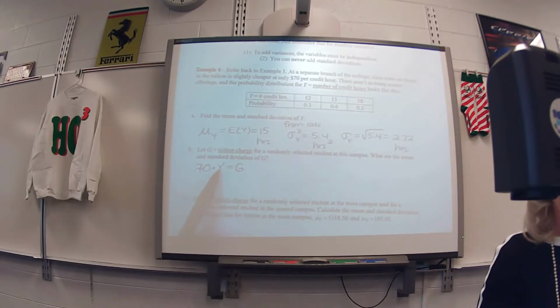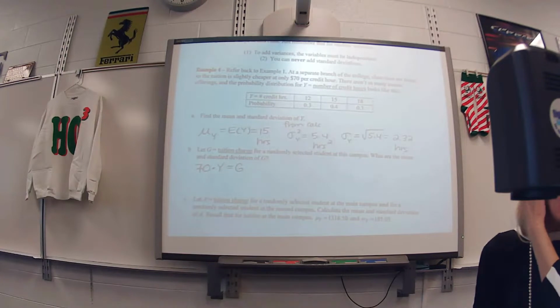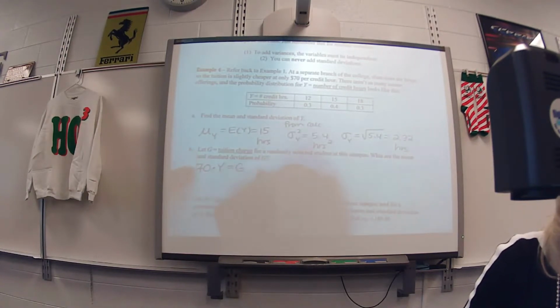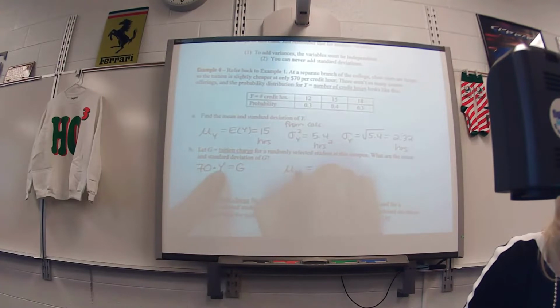We're taking one variable y, and we are now turning it into G. This is called transforming. These are the rules we talked about yesterday. If I want the mu for G, I literally can take the mu for Y and multiply by 70.